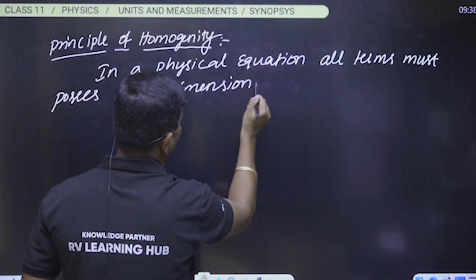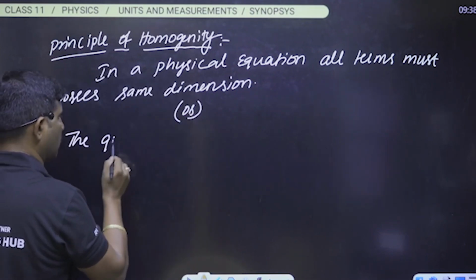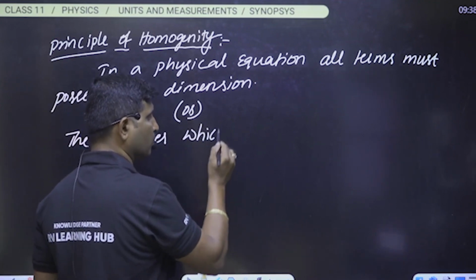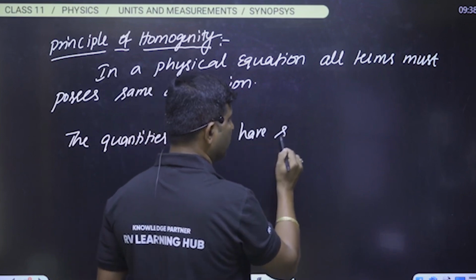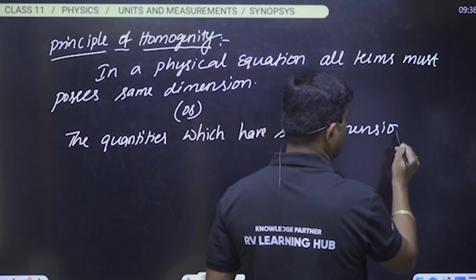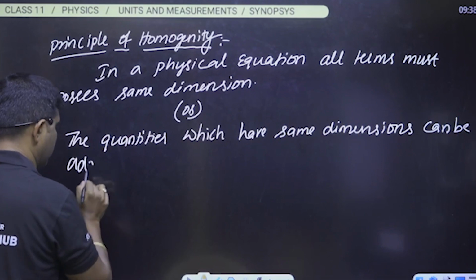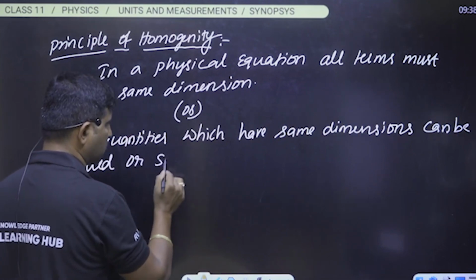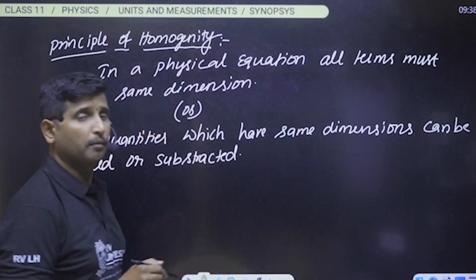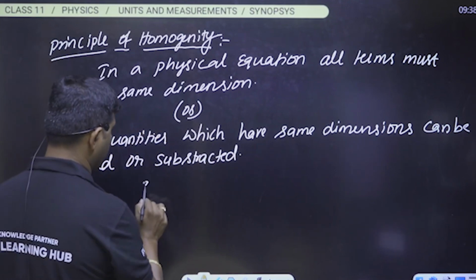Or we can also say that physical quantities which have the same dimensions can be added or subtracted. That is called the principle of homogeneity.